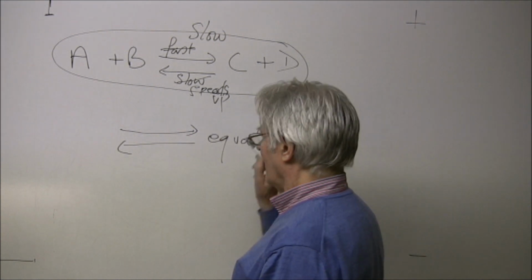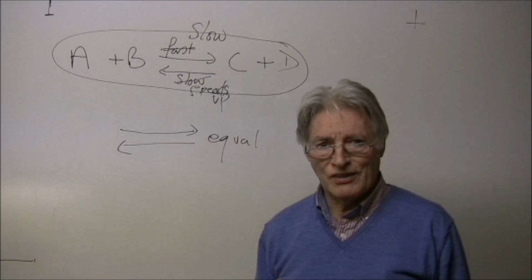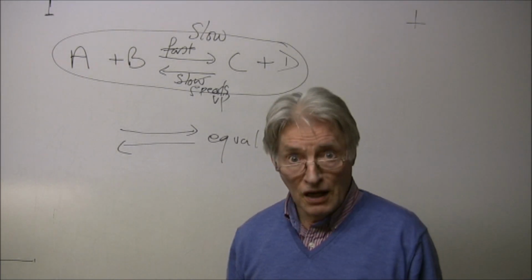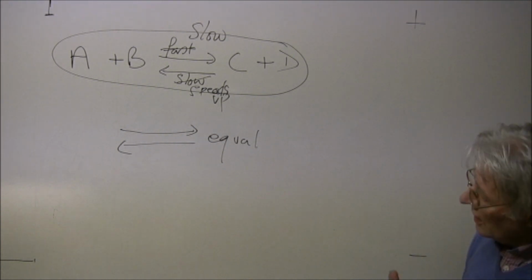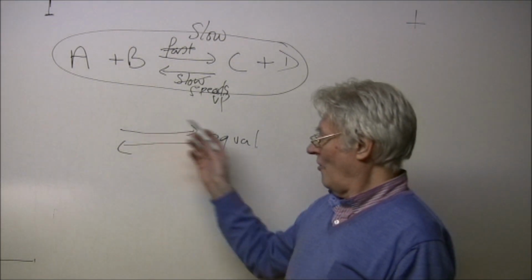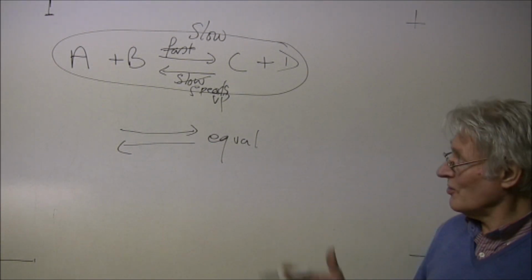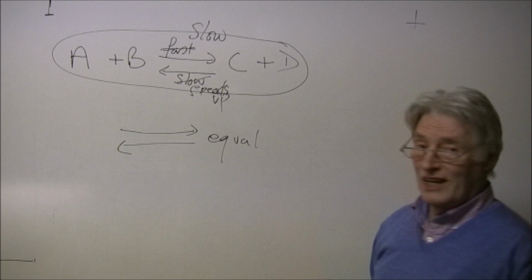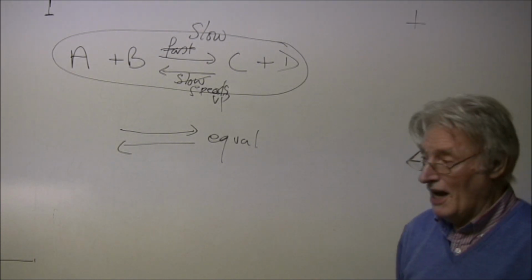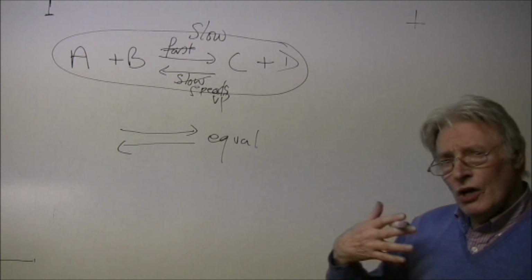Now, once that happens, we have reached what is known as a state of dynamic equilibrium. Equilibrium, what that means is that the rates of reaction in each direction are equal, they are the same. It doesn't mean the quantities A, B, C and D are the same. It may happen, but it's highly unlikely. No, it refers to the rates.